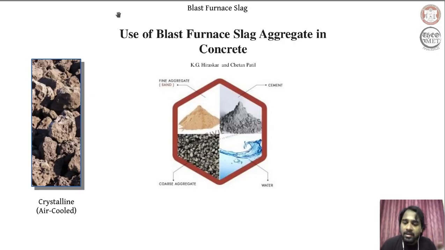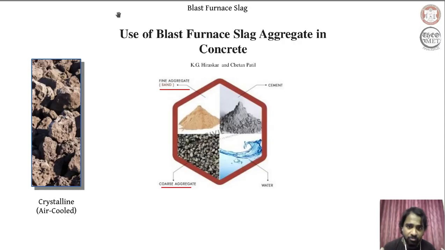Now given the chemical nature and also the mechanical features of the blast furnace slag, it is possible for me to replace these aggregates with the crystalline blast furnace slag. What replacing aggregates with crystalline blast furnace slag does for me as a consumer is, first, it reduces the price of my concrete.